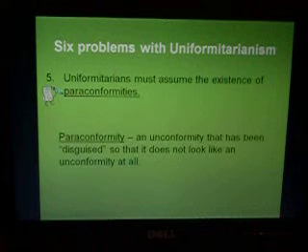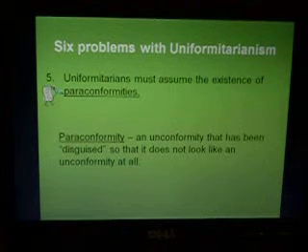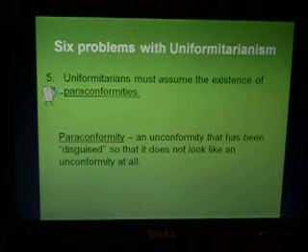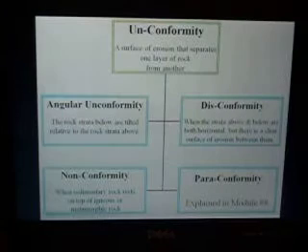Now, what are paraconformities? Well, in the textbook, Dr. Weil defines it as an unconformity that has been disguised so that it does not look like an unconformity at all. Well, what are all these unconformities?